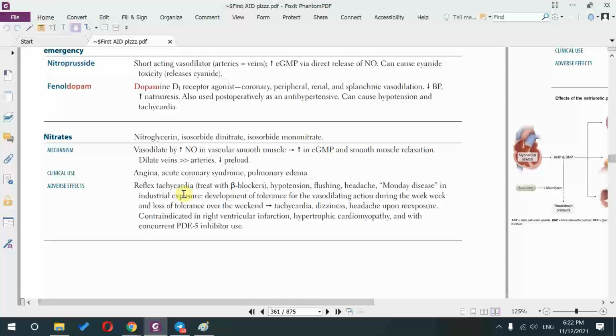Okay? So, contraindicated in case of right ventricular infarction. Which ECG leads have the ST segment elevation in case of right ventricular infarction? It's exactly leads 2, 3 and aVF.